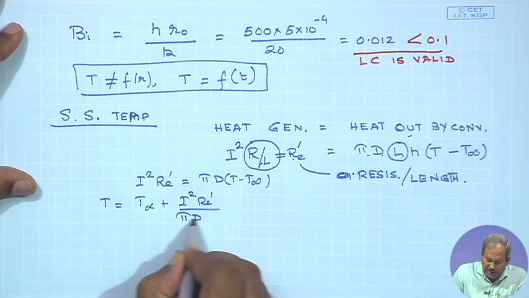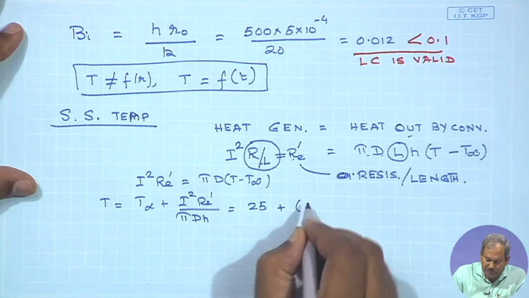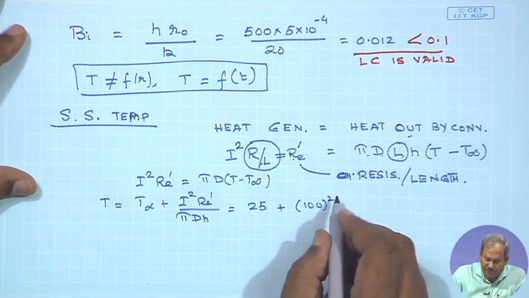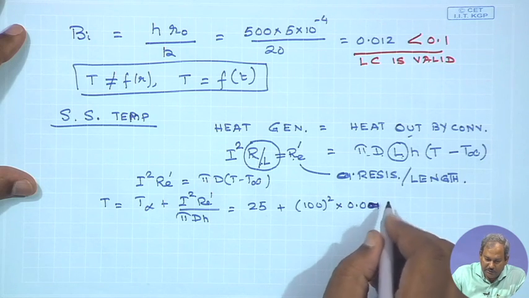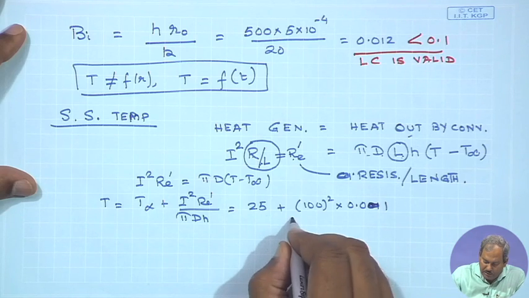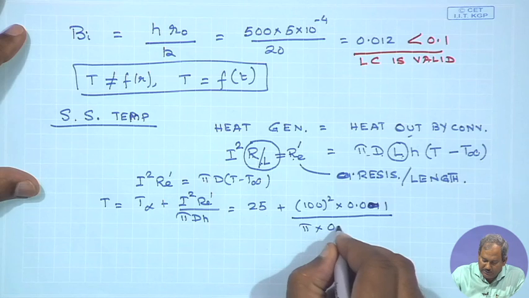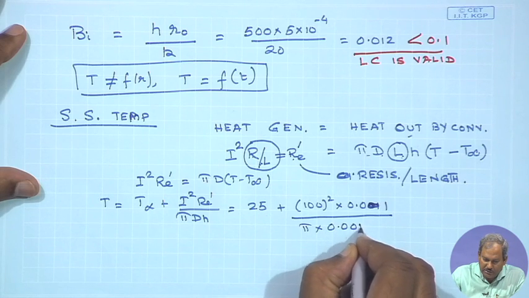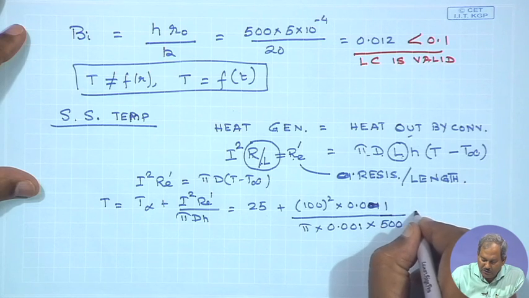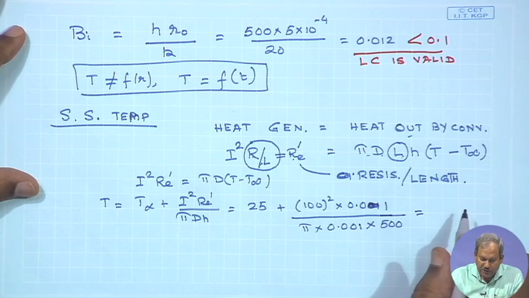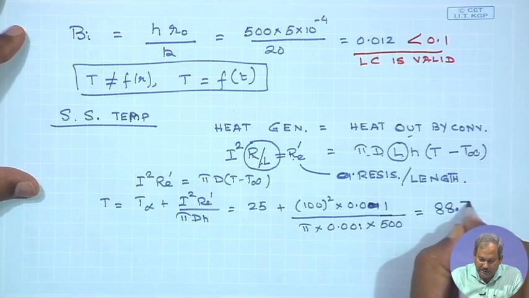You put the value of T infinity, put the value of I to be 100 ampere square, R e prime is 0.01 ohm per meter, and pi, the diameter is 0.001, and the value of the convective heat transfer coefficient is h, which would give the steady state temperature to be equal to 88.7.